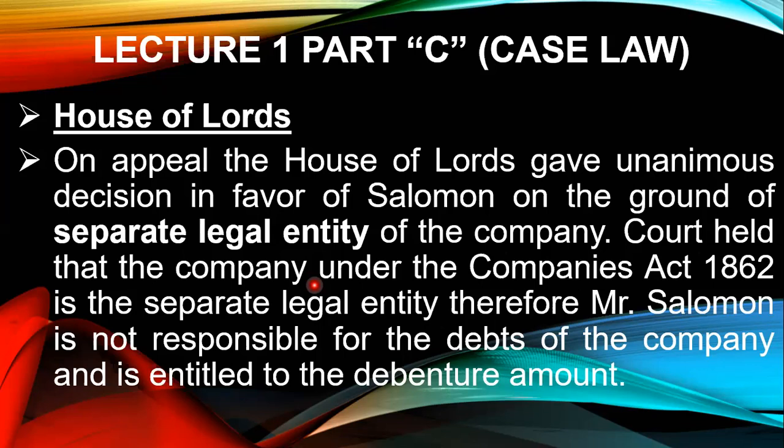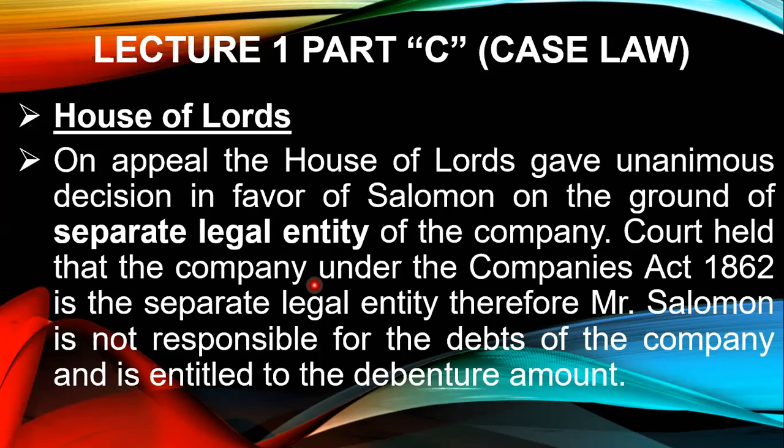The second thing that you learned is what a company is. Before this lecture, most of the students, I think, had no idea what a company is. Now, any association registered under the Companies Act 2017 is technically called a company, a simple definition. And the third thing that you have learned here is that a company is a separate legal entity.